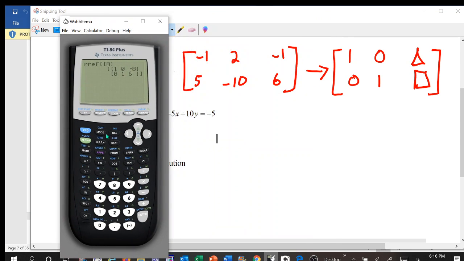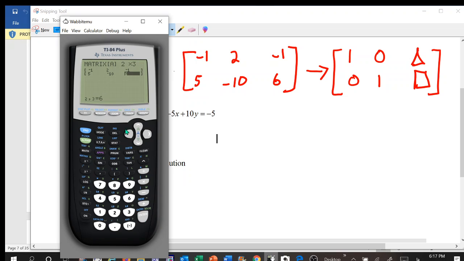So we are going to create that matrix. I'm going to edit it. And we put negative 1, comma, 2, and negative 1, 5, negative 10, 6.